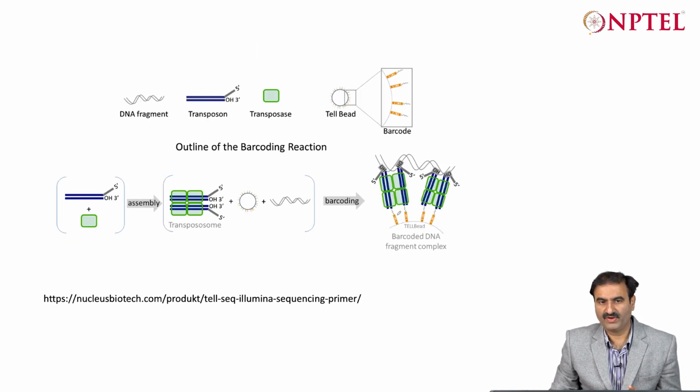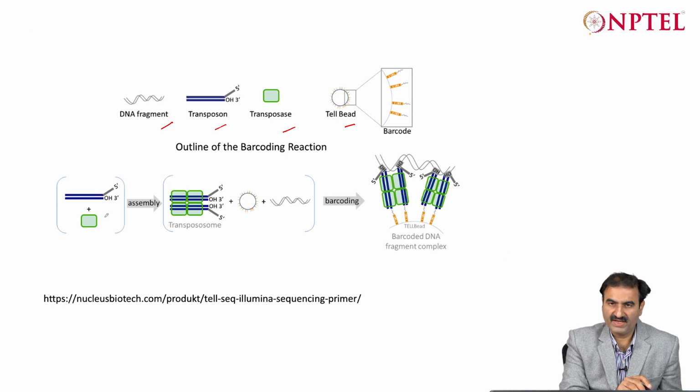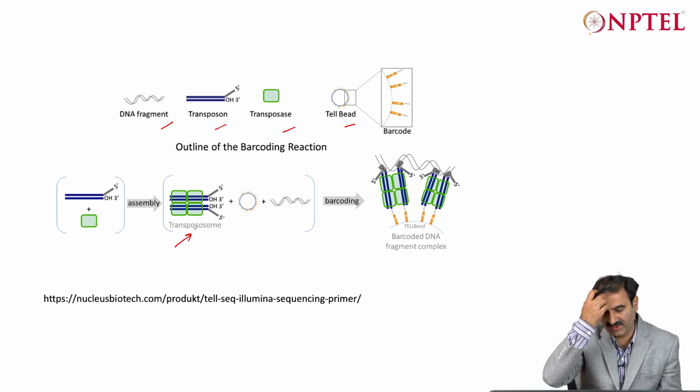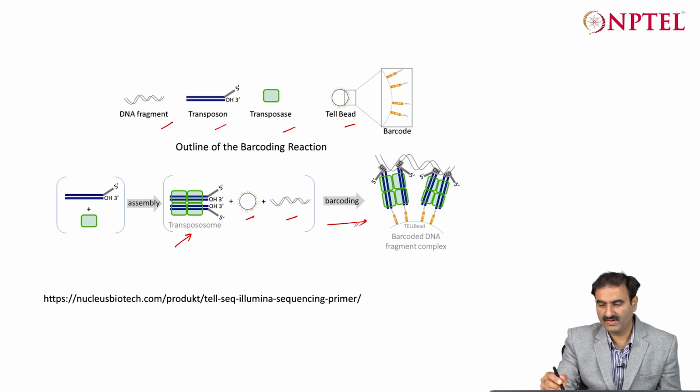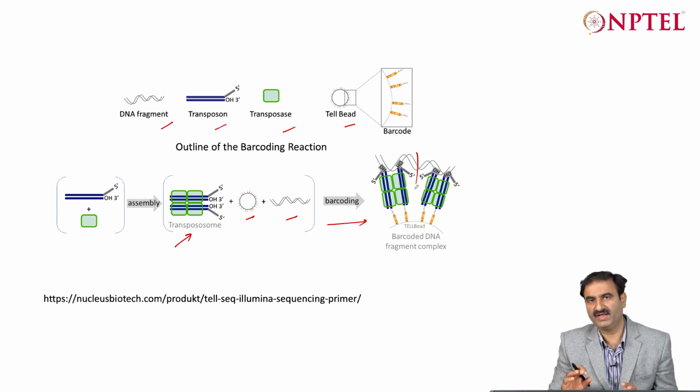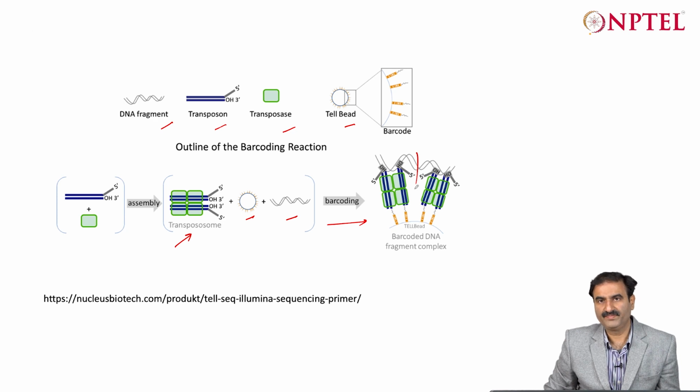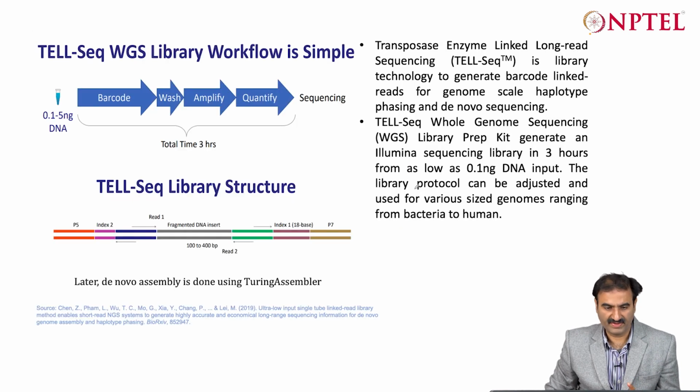For better clarity, there is a DNA fragment, a transposon, a transposase, and a Tell bead. The transposon and the transposase are assembled together, which forms the transposome, which is attached to the bead along with the DNA. This is now the barcoded DNA fragment complex, which is cut, and the DNA is then used for sequencing.